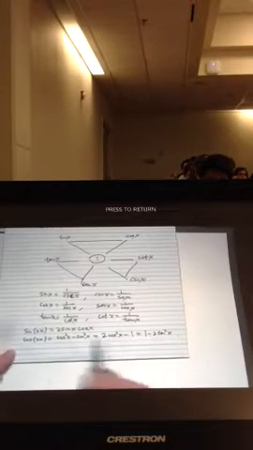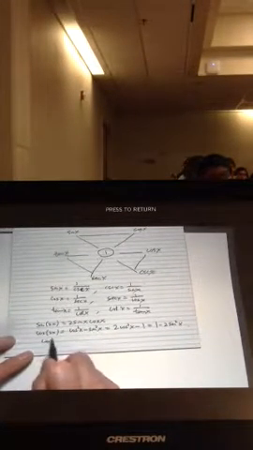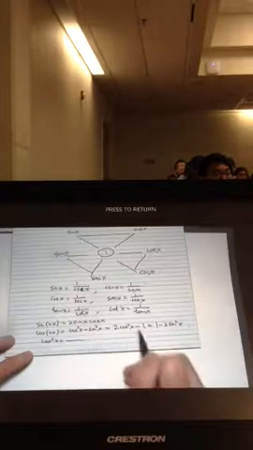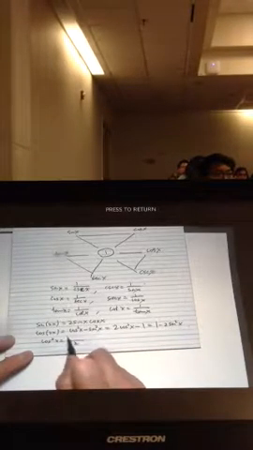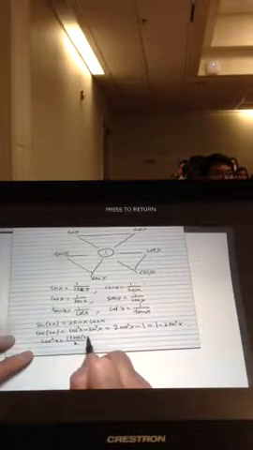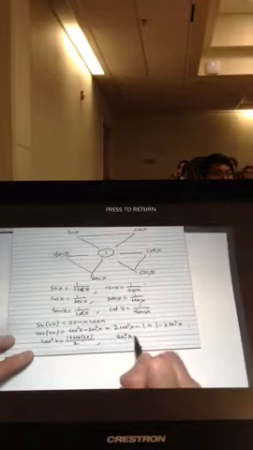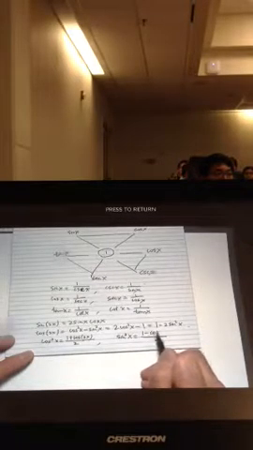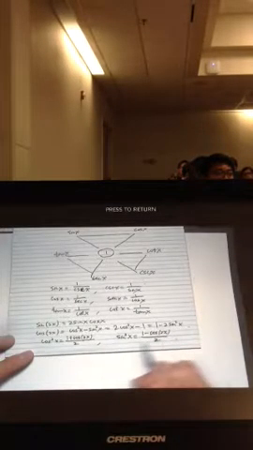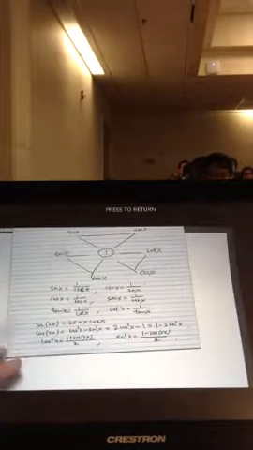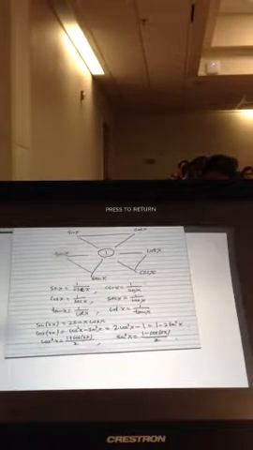And the last one, I can also use this tool. I can also write cosine square is 1/2 of 1 plus cosine of 2x. And sine square is 1/2 of 1 minus cosine of 2x.